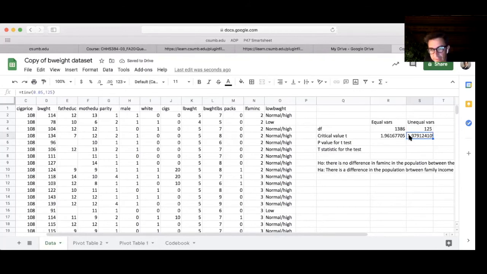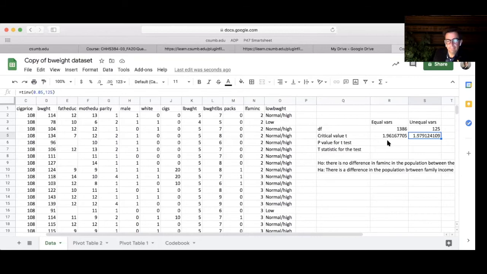Our critical value is a little bigger, right? So assuming unequal variances is a little more conservative than assuming equal variances. But anyway, there you go. So the next step is to get the T statistic for your test.